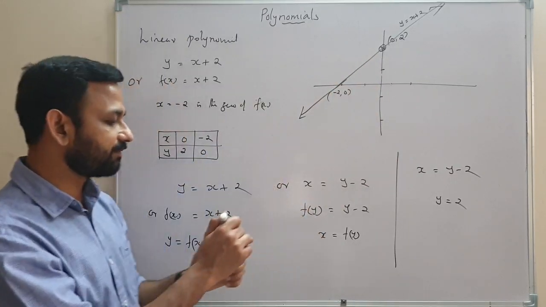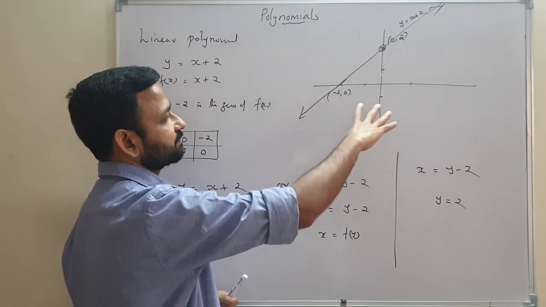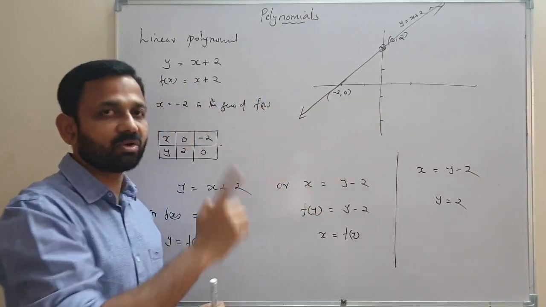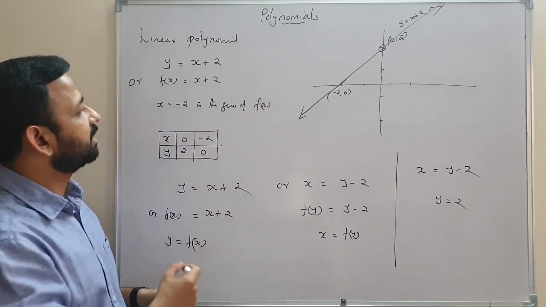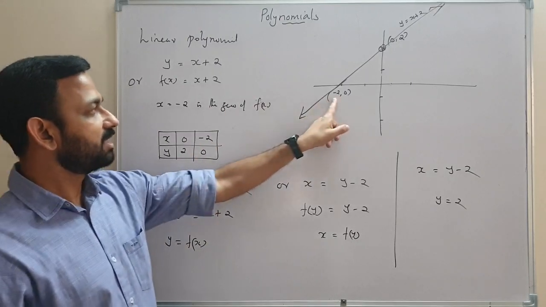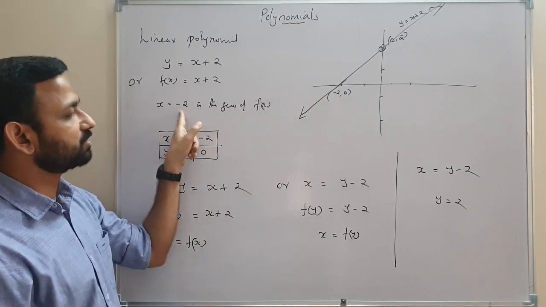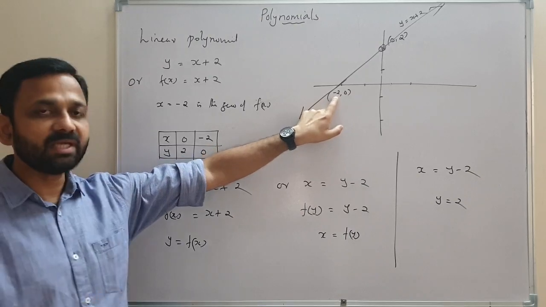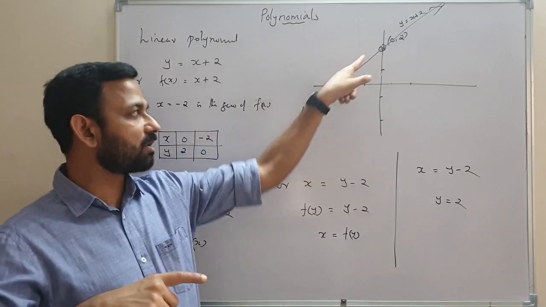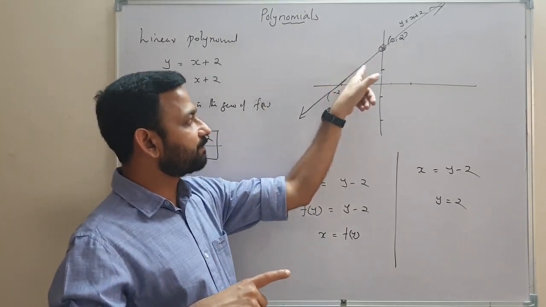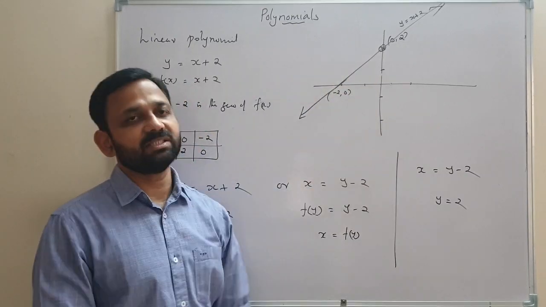So we can find the 0 from the x-axis, and here we have only one 0. This is a linear polynomial. Number of zeros is equal to 1, and that 0 is x is equal to minus 2, and that 0 is the x coordinate of the point of intersection of the graph, or given line, and x-axis.